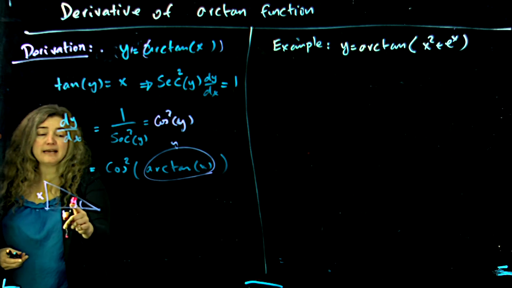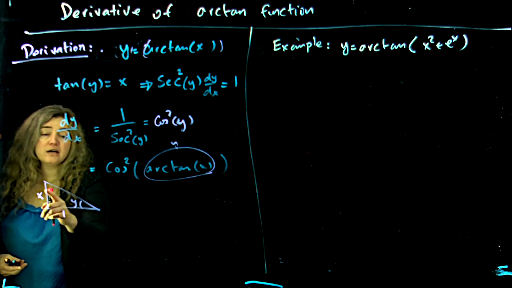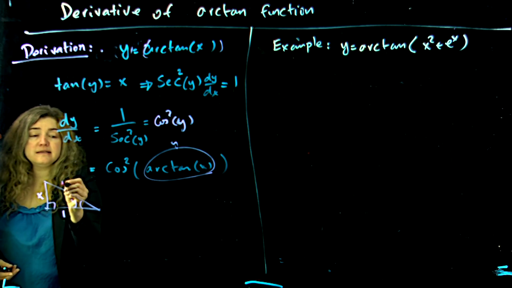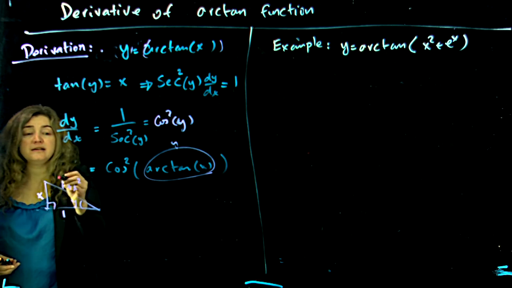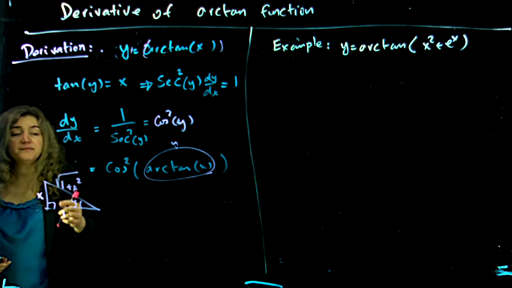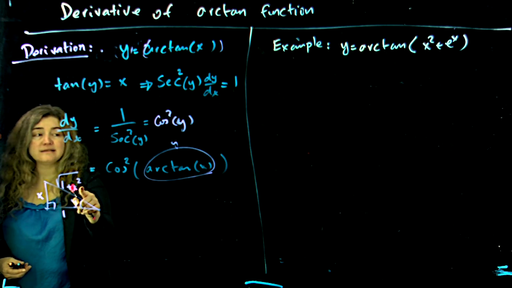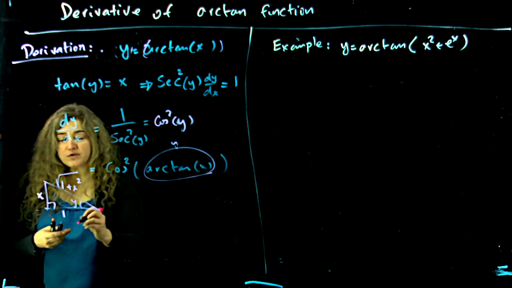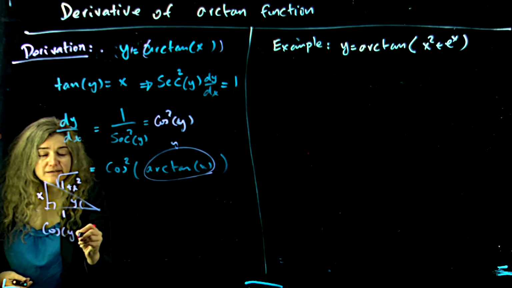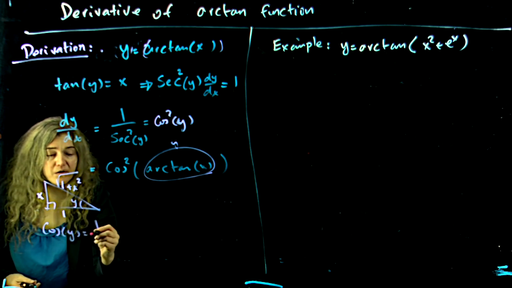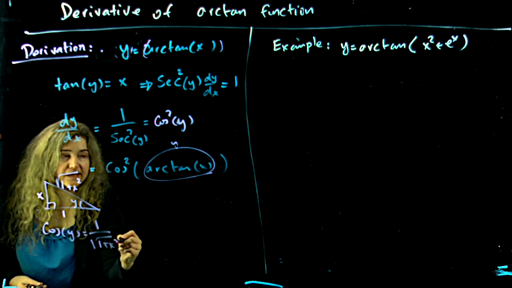So for the cosine of that angle, by the Pythagorean theorem, the hypotenuse is going to be the square root of 1 plus x squared, right? And cosine is going to be this side over that. So cosine of y is going to be 1 over the square root of 1 plus x squared.